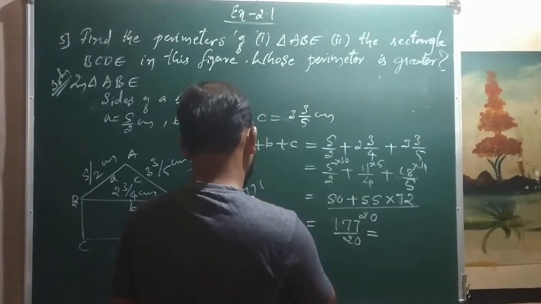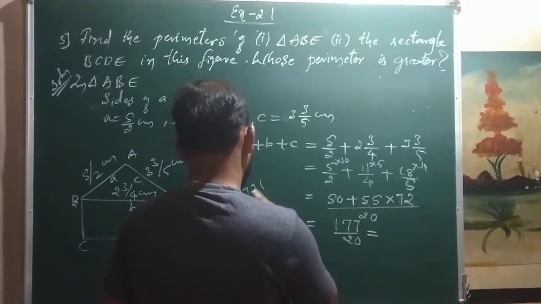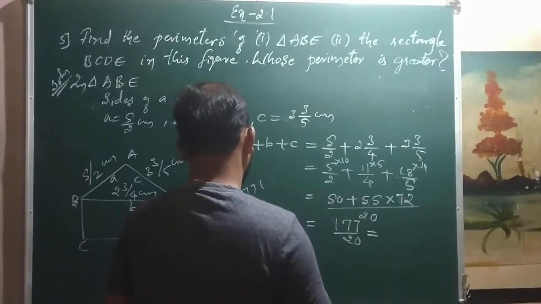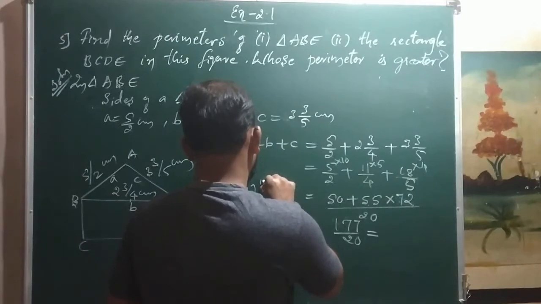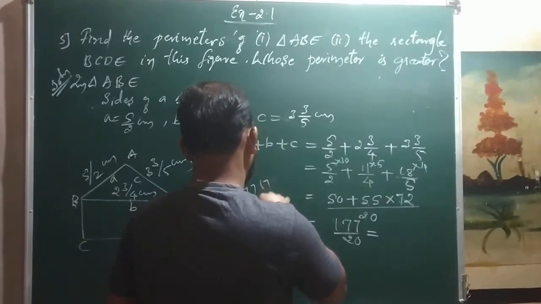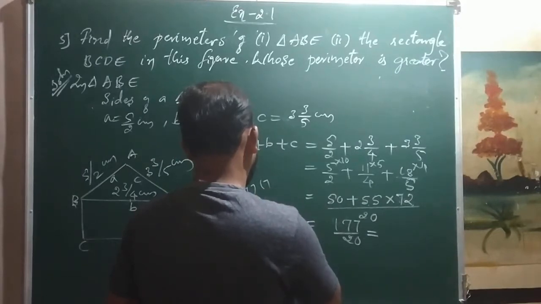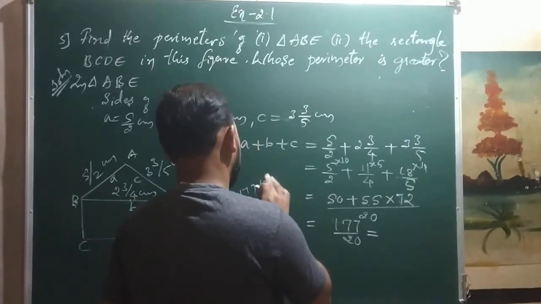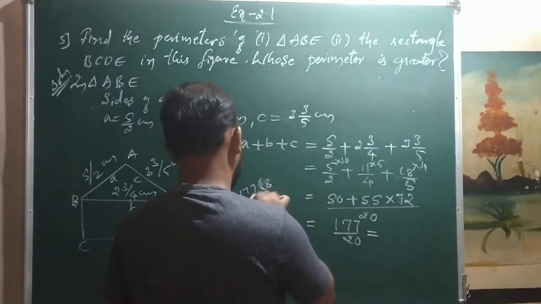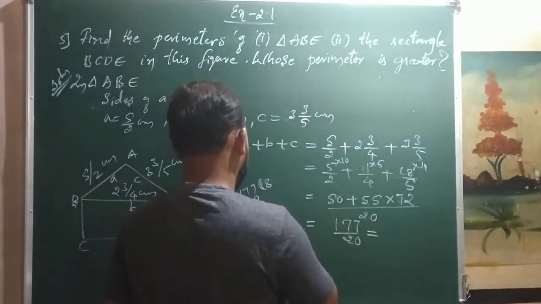2 4s are 8, 2 5s are 100, 2 9s are 18, 2 8s are 160 plus 17.